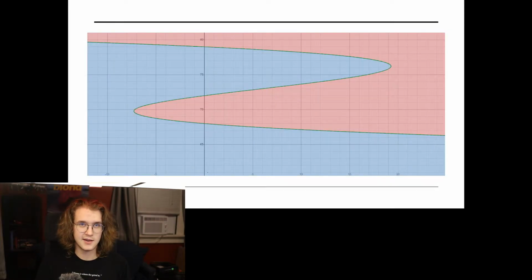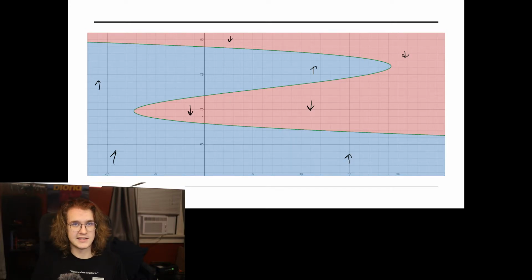So we have this. Our blue is going to be where our temperature is increasing. So in all these areas, our temperature is going to be increasing everywhere. And our red is going to be where our temperature is decreasing. So decreasing down to these points.